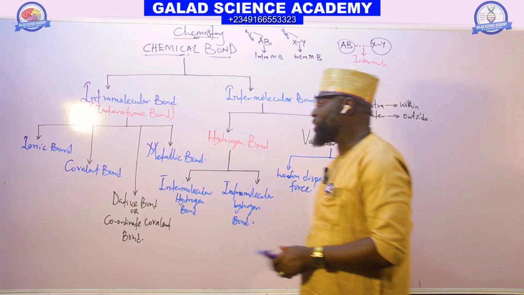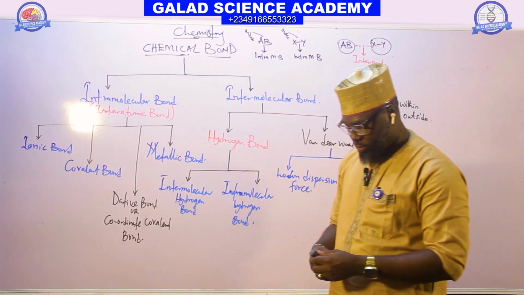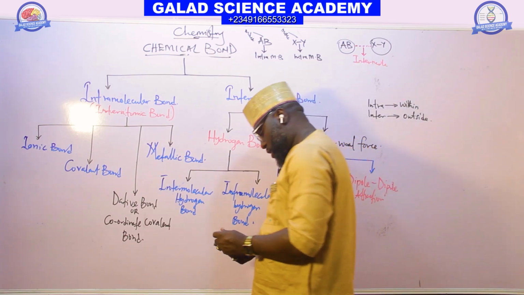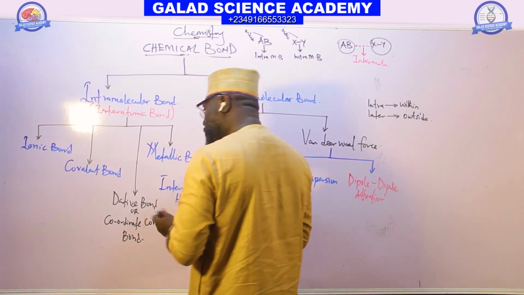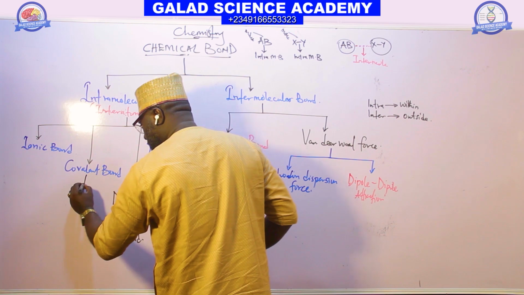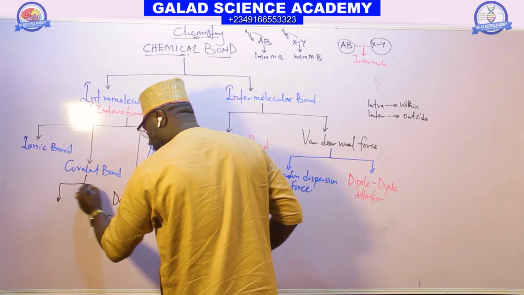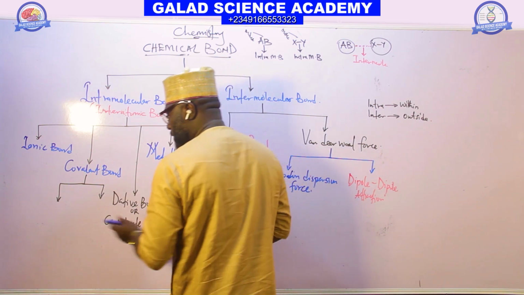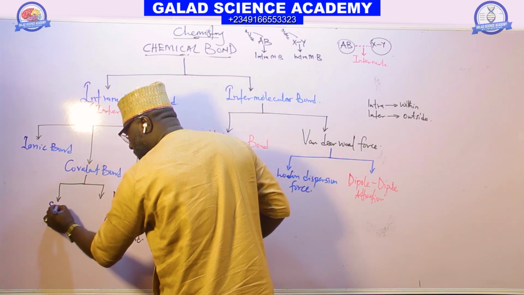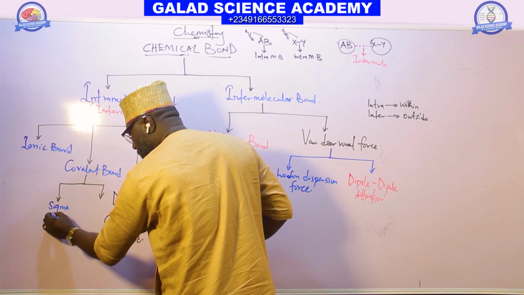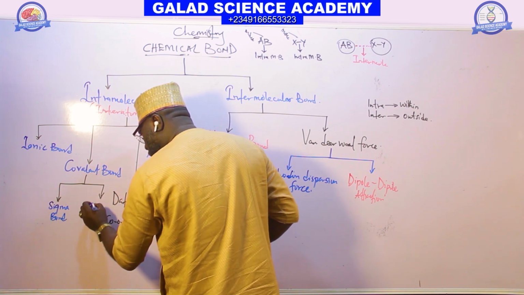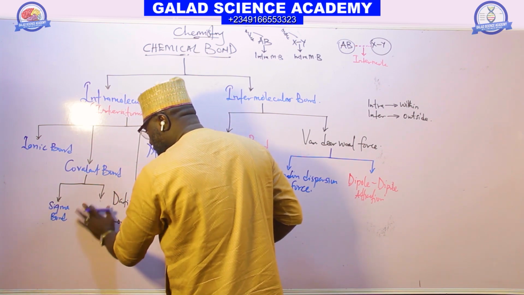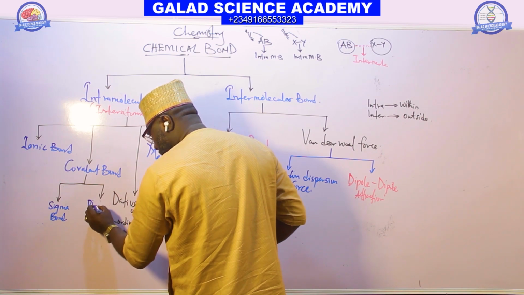And under this covalent bond too, we also have two types of covalent bond. We have sigma bond, and we have pi bond.